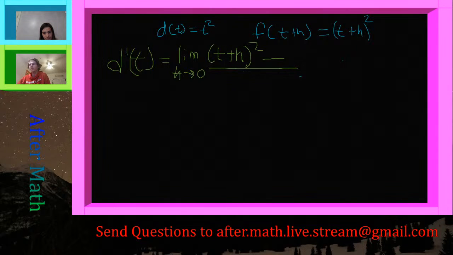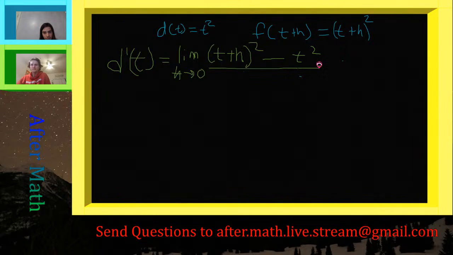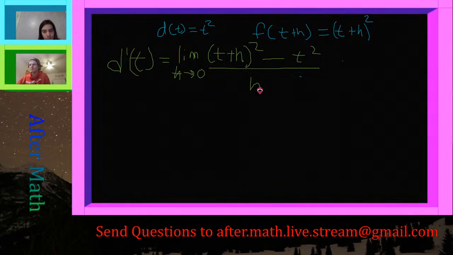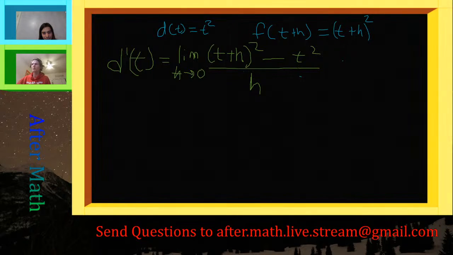So that would just be t squared. You're right. And then we have an h on the bottom. Looking good so far. Now we'll just have to do a little bit of algebra, right?